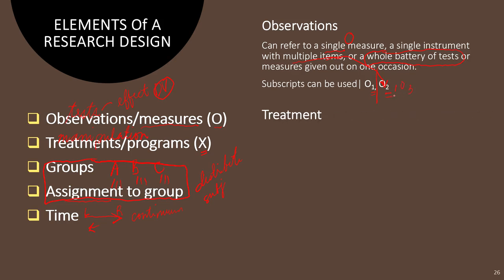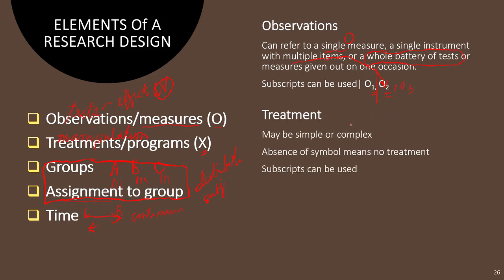Alright, and then what about treatment o yung tinatawag natin na X? Treatment may be simple. Okay? Ano ibig sabihin ng simple? Isang level lang siya. Pwedeng once. Pag sinabi kong level, I mean degrees. Ano? Or it can be complex. Pwedeng multiple, maraming elements. Many levels.